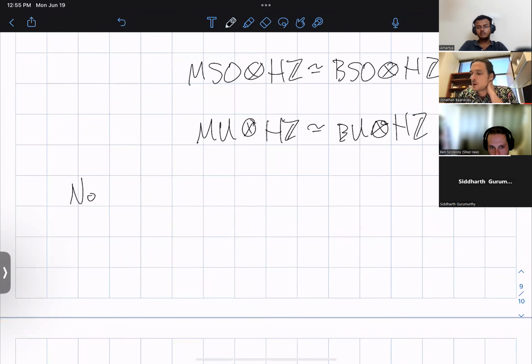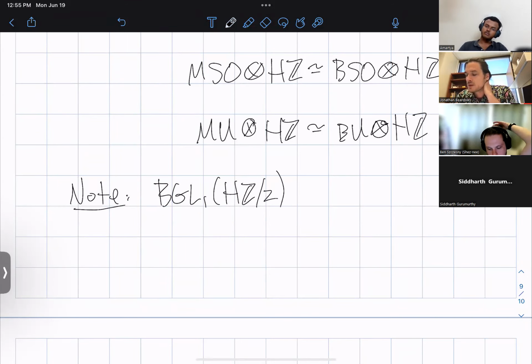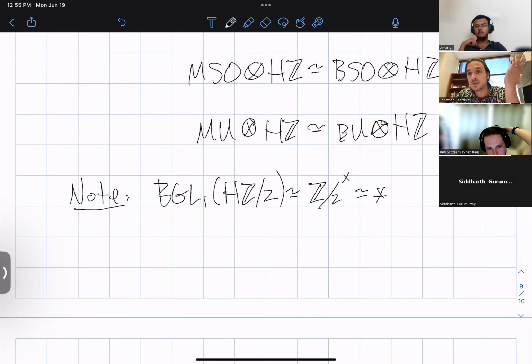The other thing to note, though, is that BGL1 of HZ mod 2, well, this is going to be the units of Z mod 2. So that's just going to be a point. It's going to be the trivial group.